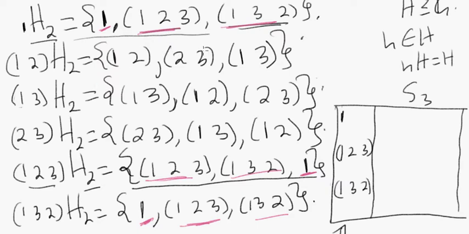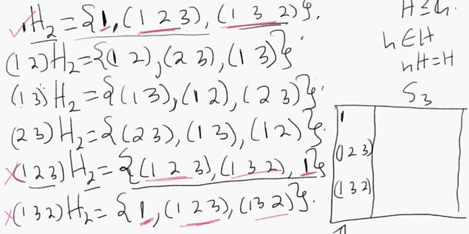They either have one element in common or no element at all in common, right? So this tells us in particular, using our method, that we don't need to include the coset 123H2 once you already have the coset 1H2. This means that in the partition we don't need to think about the coset 1, 2, 3, H2 or the coset 1, 3, 2, H2.